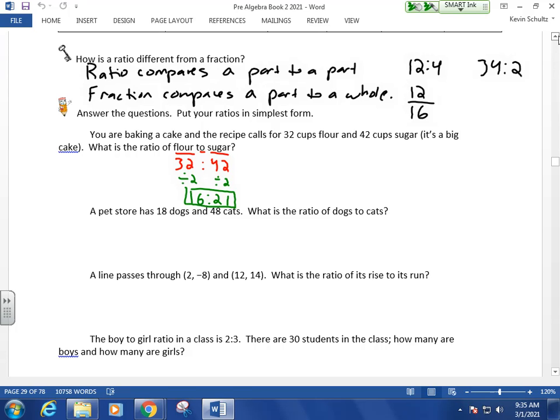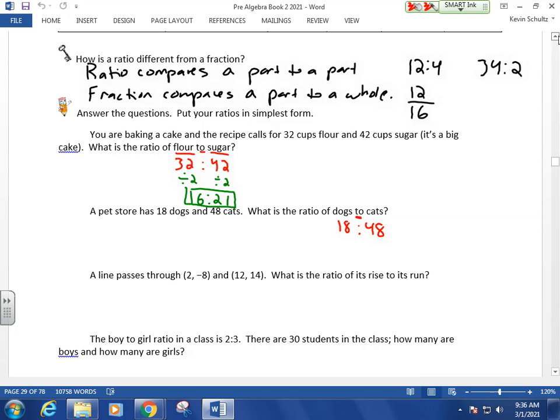A pet store has 18 dogs and 48 cats. What is the ratio of dogs to cats? Again, we identify that word "to." That becomes our kind of middle. We see there are 18 dogs, 48 cats, and so our ratio is 18 to 48.